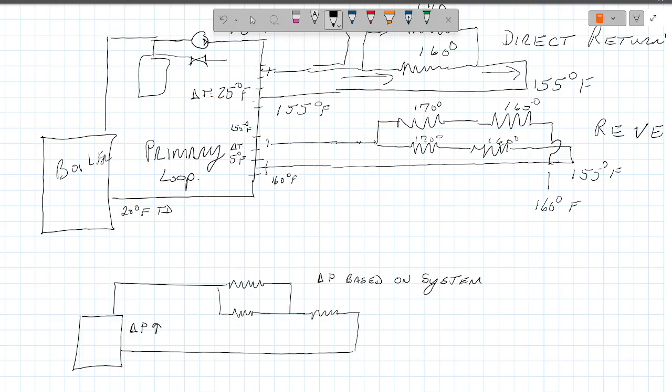I'm going to use an up arrow for large. Now I'm going to write it up. Delta P is large versus the close coupled up here, where our delta P when we come back to the boiler is smaller.